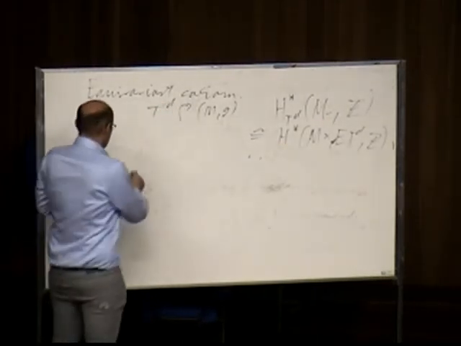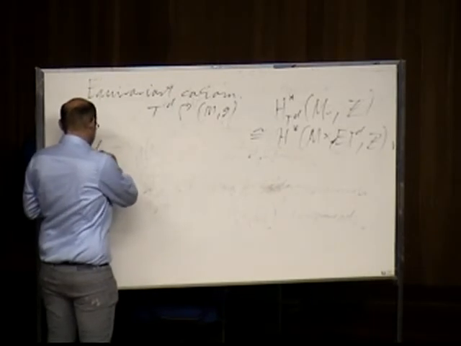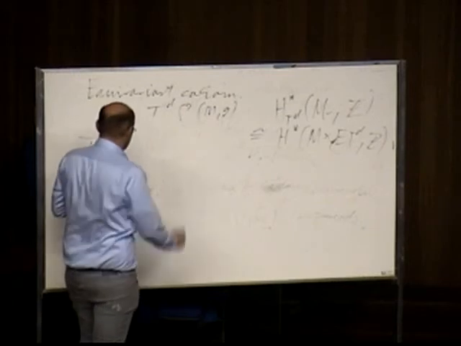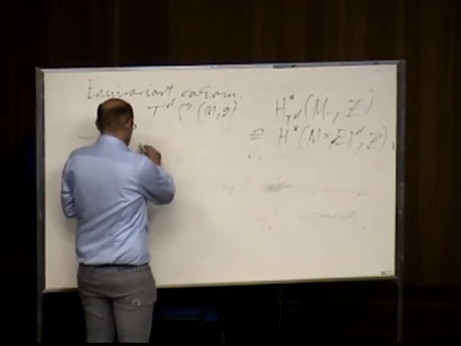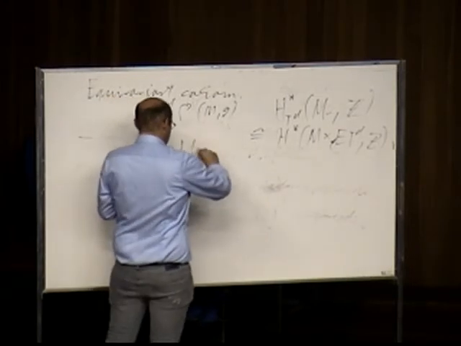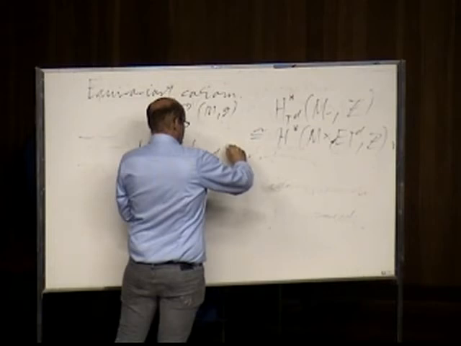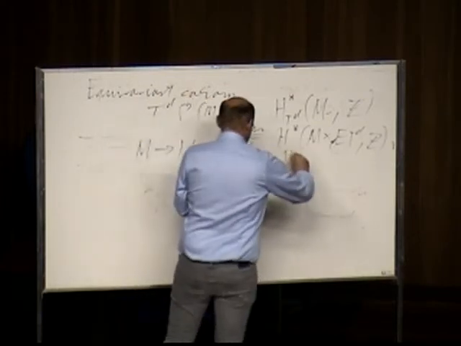So for example, one result: M cross the torus has a fibration, E T to the classifying space.